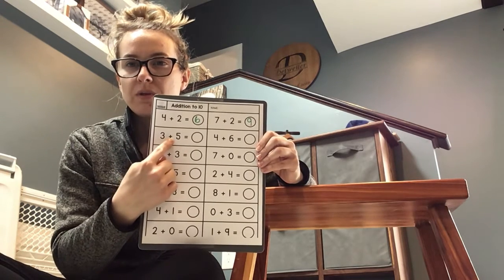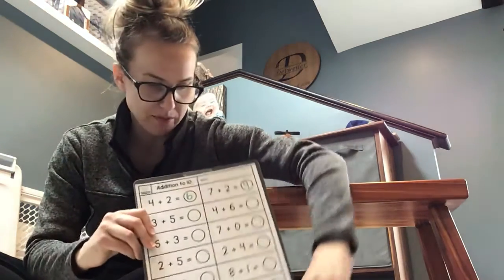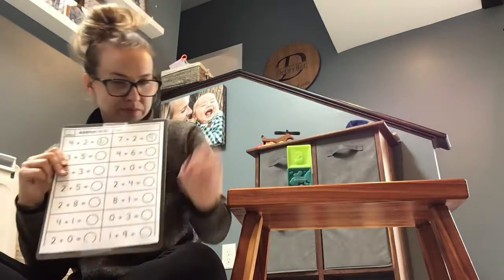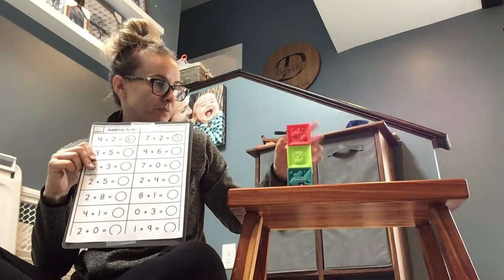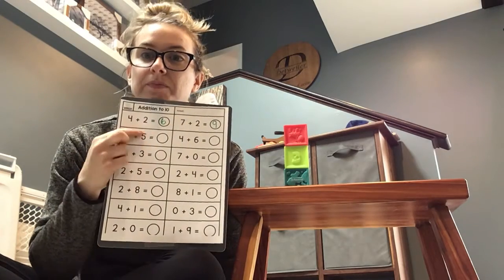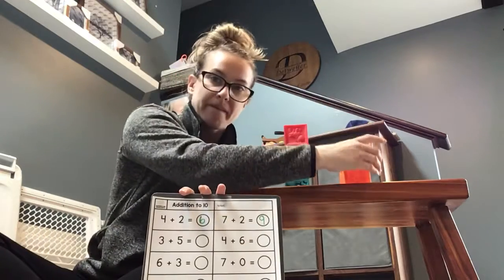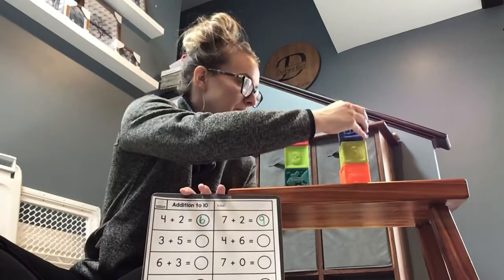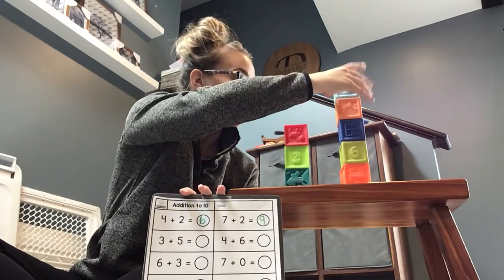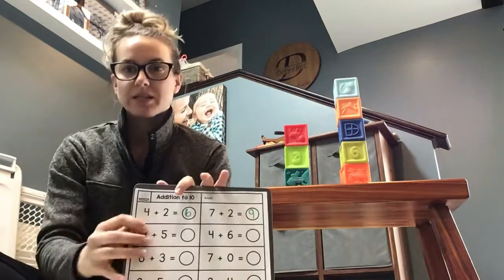3 plus 5 equals, let's set that one up. We need 3 in our first group. And how many do we need in our last group? That second number, 5, great job. There we go. Now we are adding because we saw that plus sign.